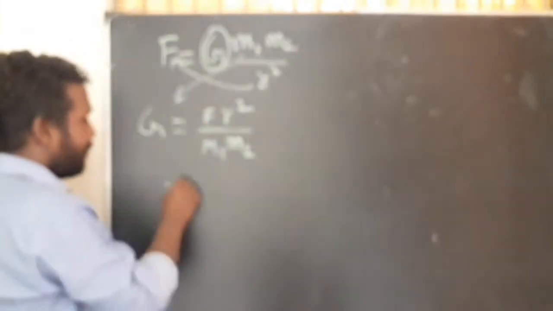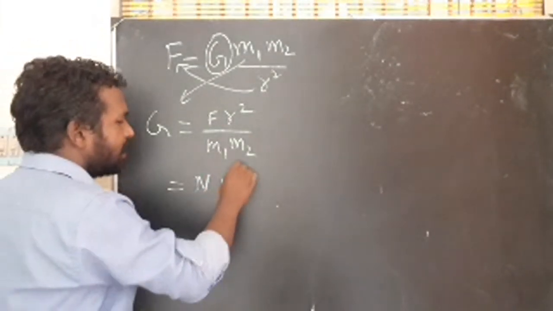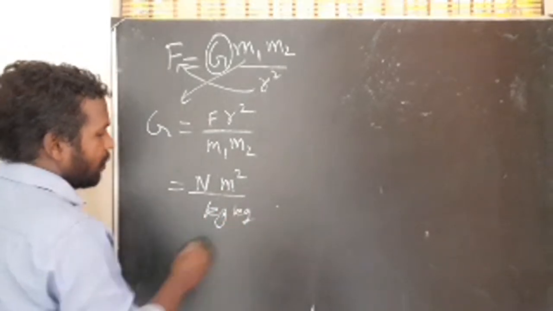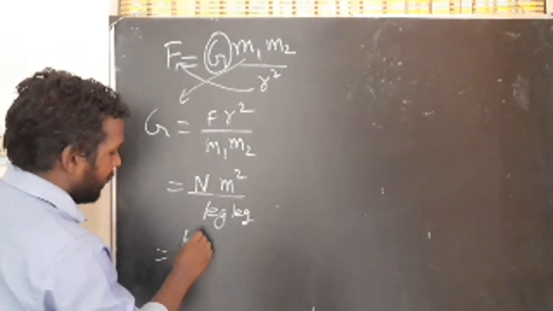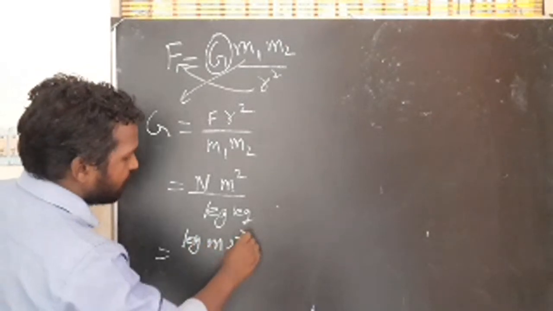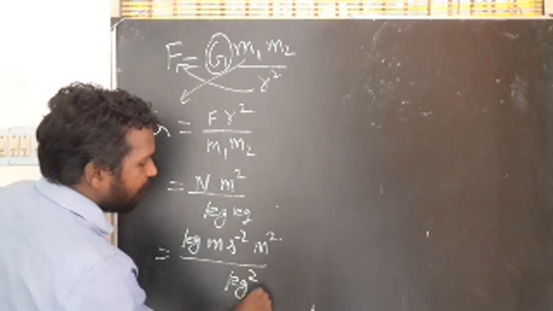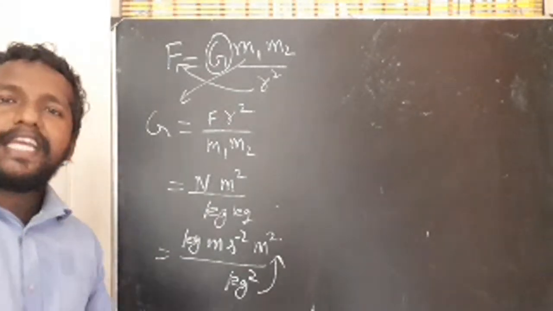What is F? Newton. Distance is meter, meter square. Mass is kg, kg into kg, kg square. We know Newton already: kg meter second minus 2, into meter square, divided by kg square. Taking kg square from the denominator to the numerator, we get kg minus 2.